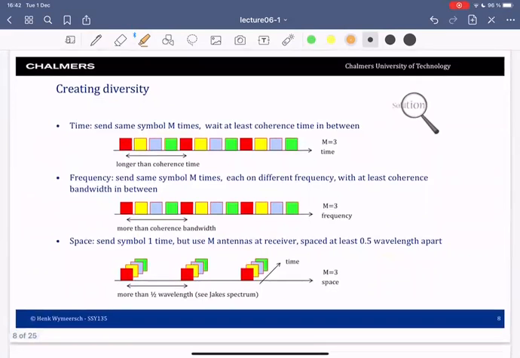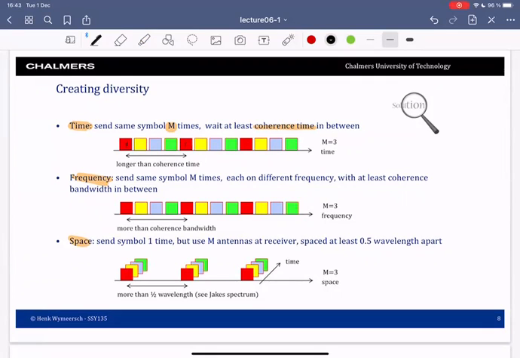Good, so we've discussed three different ways of creating diversity: time, frequency, and space. When we have time diversity, we send the same symbol multiple times, let's say m times, but we should wait at least one coherence time in between. So let's say that we send symbol 1 here, and then we send it again here.